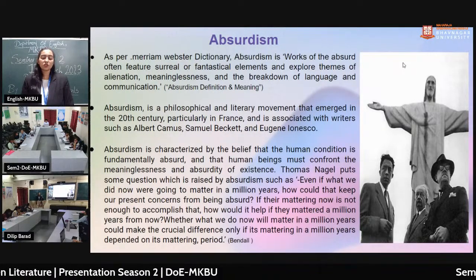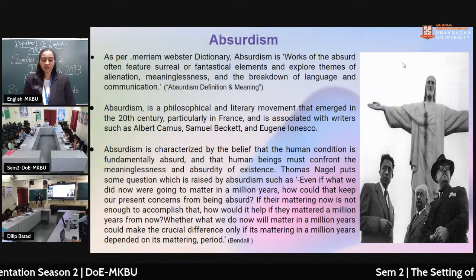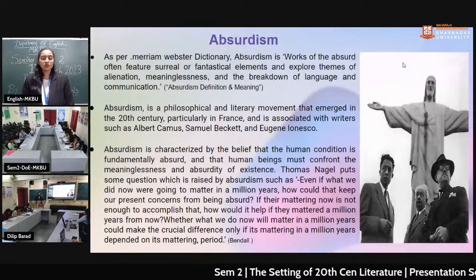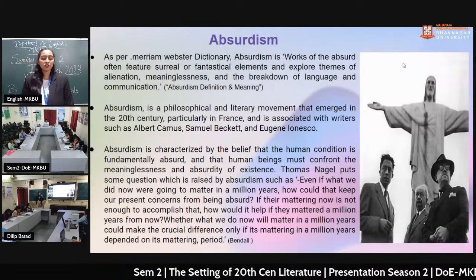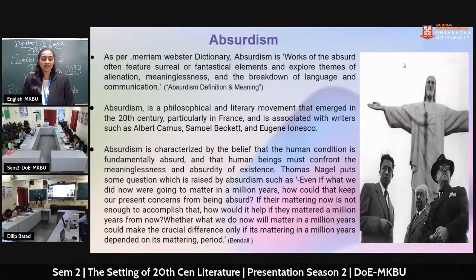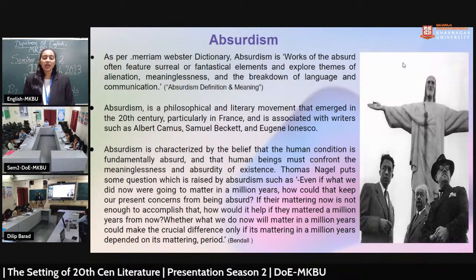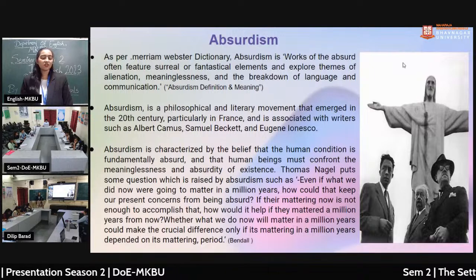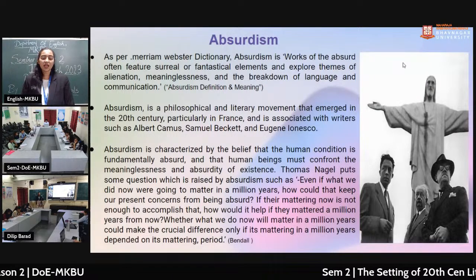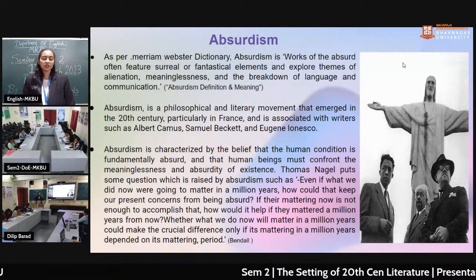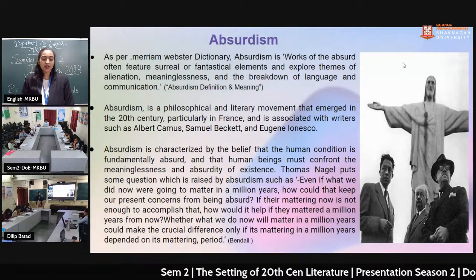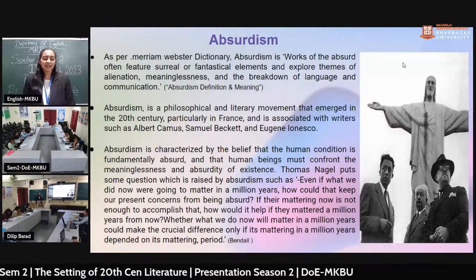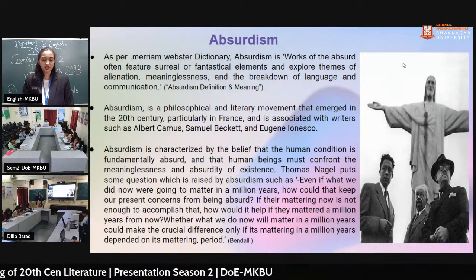Absurdism is a philosophical and literary movement that emerged in the 20th century, particularly in France, and is associated with writers such as Albert Camus, Samuel Beckett, and Ionesco. Absurdism is characterized by the belief that the human condition is fundamentally absurd, that human beings must confront the meaninglessness and absurdity of existence.